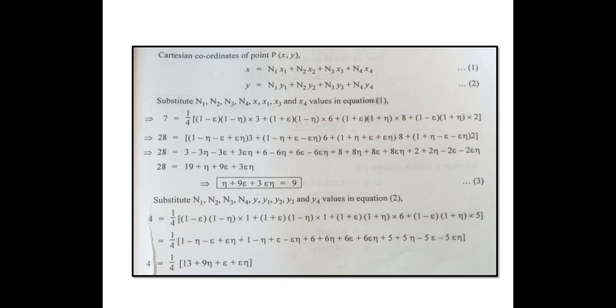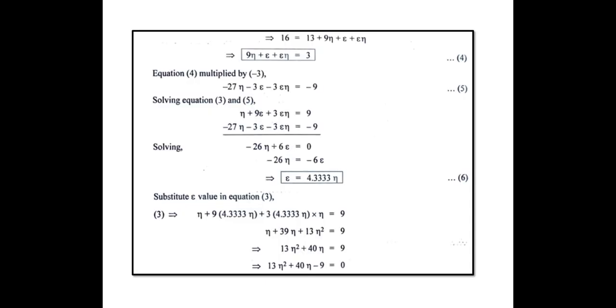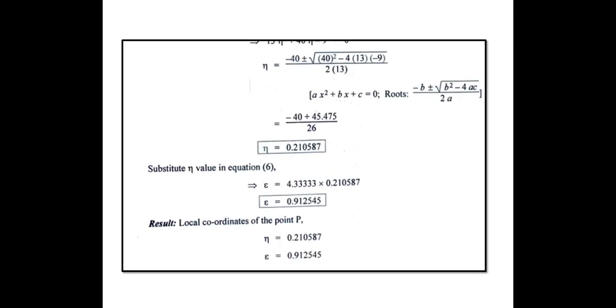Then by using the formula, you can find N1, N2, N3, N4. You substitute the value of the Cartesian coordinate of point P, x equals, it gives two equations. Solve the two equations, you get the zeta and nu values. These zeta and nu values are the answer, the natural coordinate of the particular local point P.